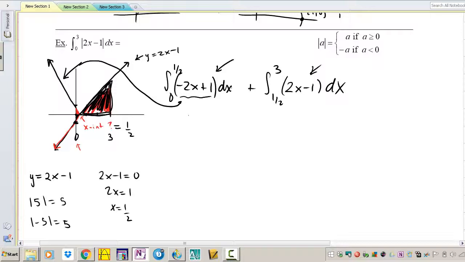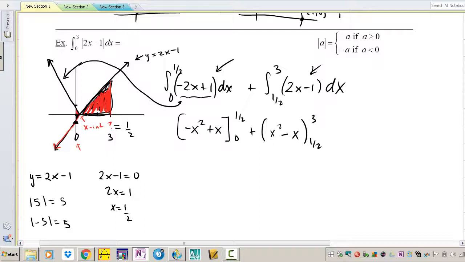The integral of negative 2x is negative x squared plus x from 0 to a half, plus the integral of 2x minus 1, which is x squared minus 1x from 1 half to 3.